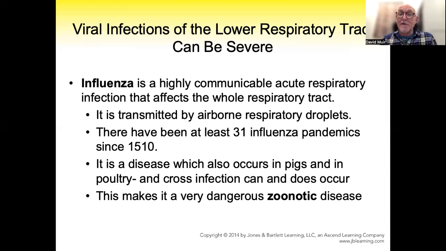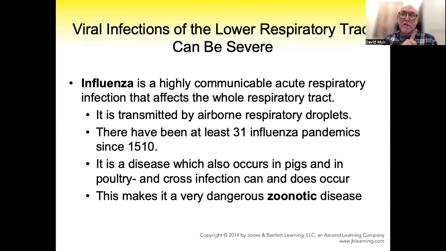So influenza is very communicable, but it's mostly by airborne respiratory droplets, less by a fomite. And one of the problems with influenza virus is it changes the whole time. And it changes in two forms, as we'll hear in a minute.